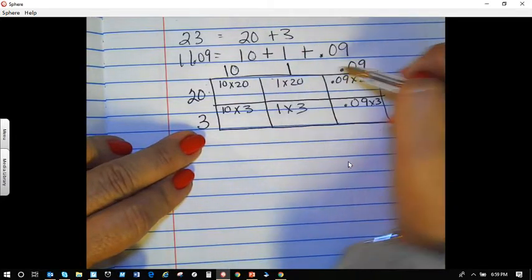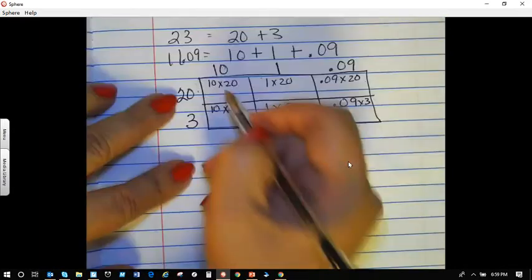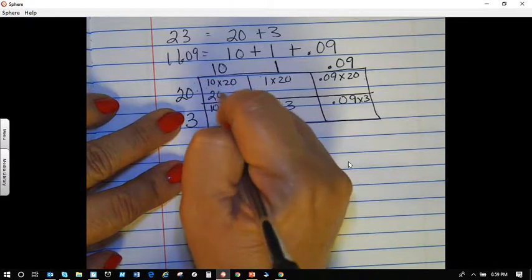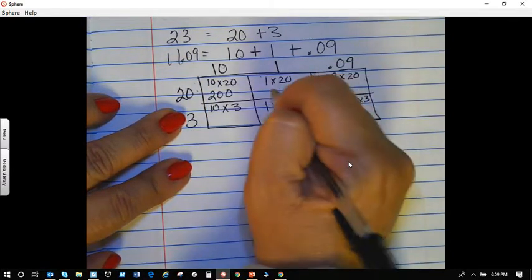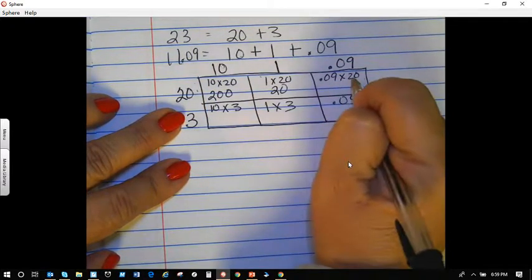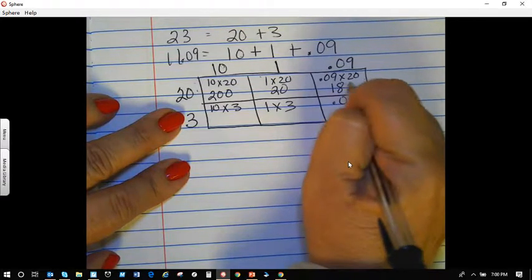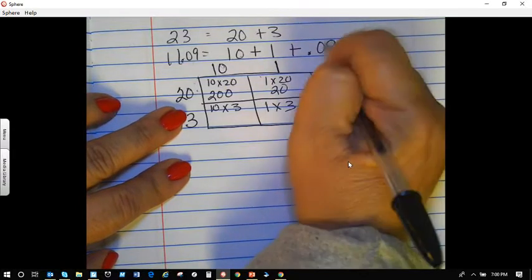All right, so I know that 10 times 20, 1 times 2 is 2, and my 2 zeros, that's 200. This is 20, and I have 9 times 2 is 18, and 1 0. I have 2 place values here, right?